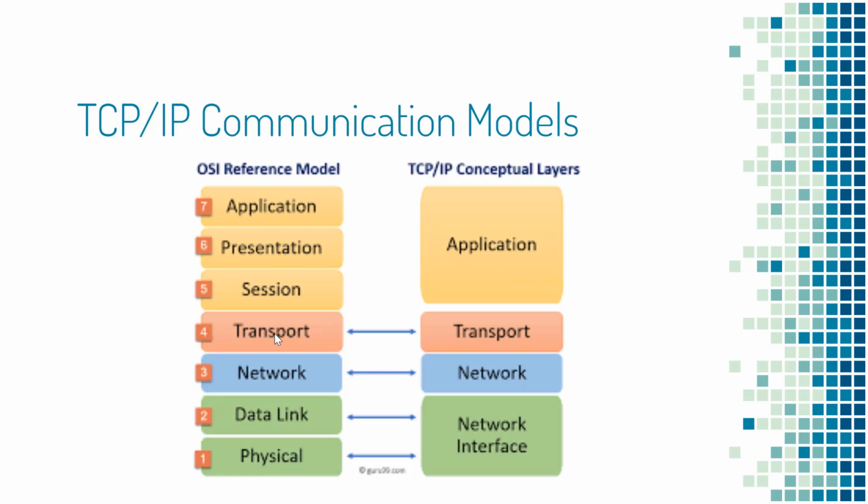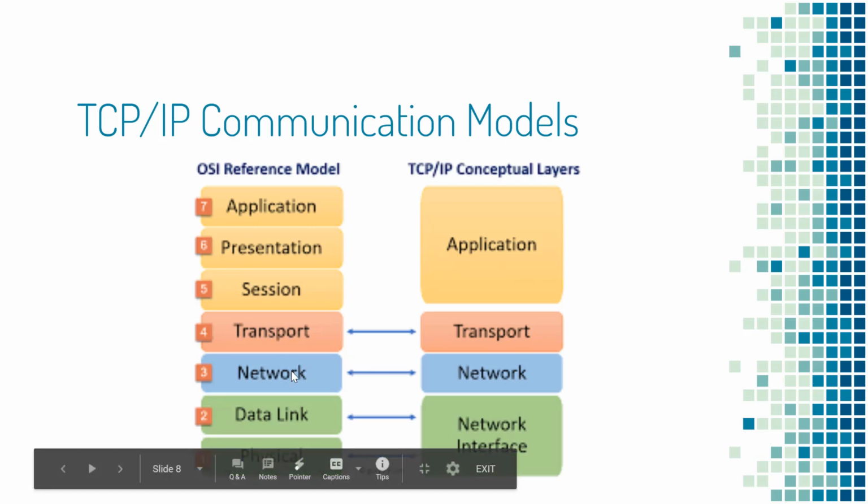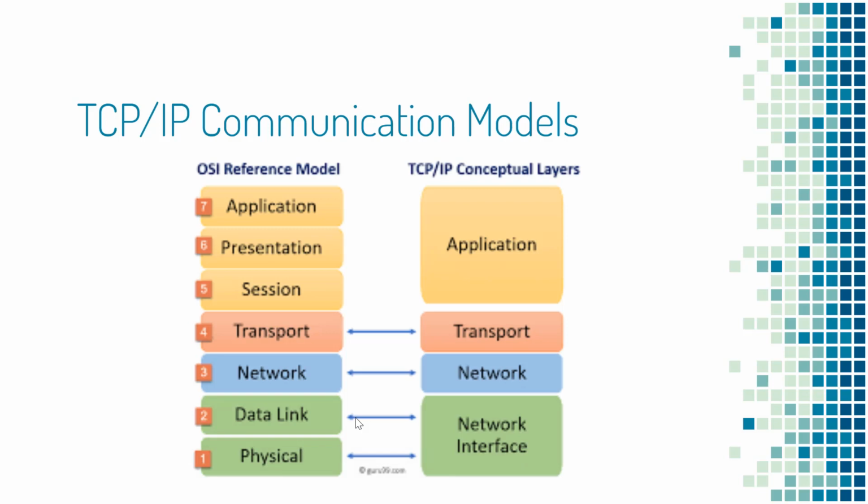For the transport, they kept it as it is, and the network as well. For data link and the physical, they combined these two into one network interface layer.